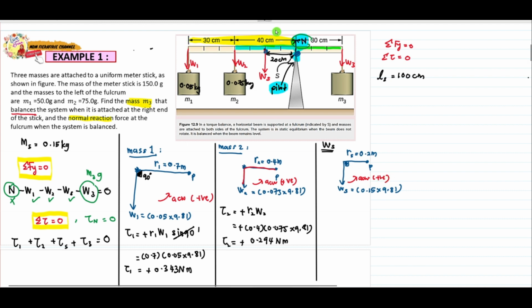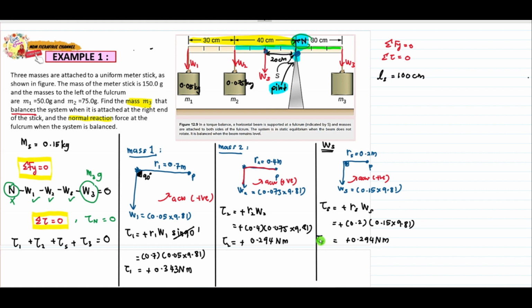Okay, so the value of torque S should be positive. RS WS sine 90 degree. Okay, so let's substitute plus 0.2. Okay, WS is 0.15 times 9.81. Okay, kira, so positive 0.294 Newton meter.